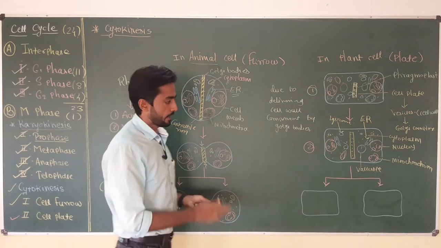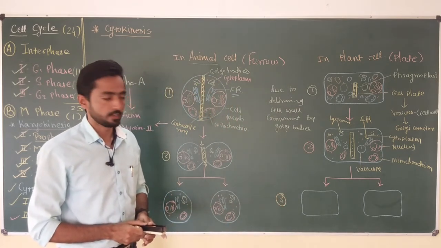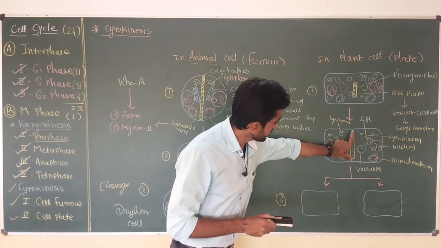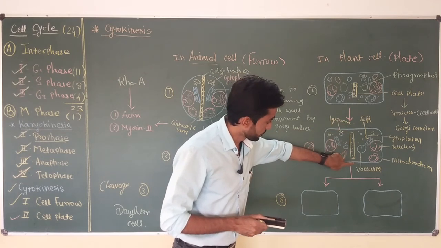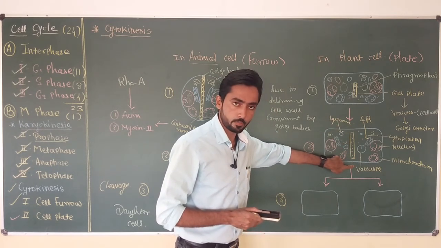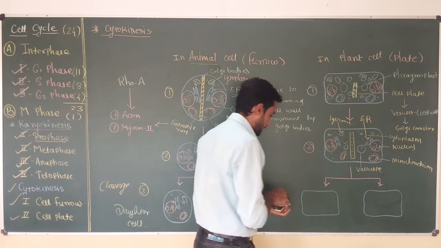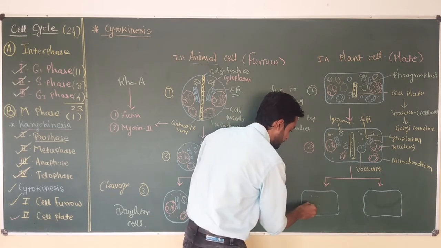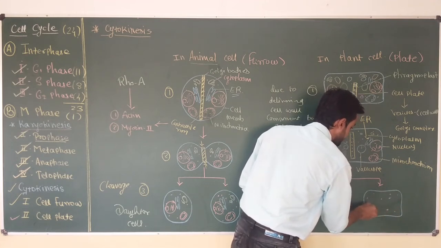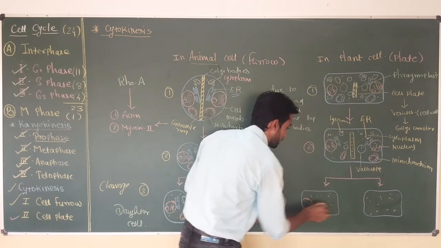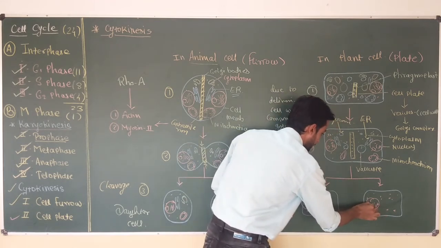And at the end of cytokinesis in the plant cell, due to the increase in the length of the plate at the center, a new cell wall is produced at the center of the plant cell, which finally divides the two cells. So at the end, two small-sized daughter cells having cytoplasm and nucleus get separated.